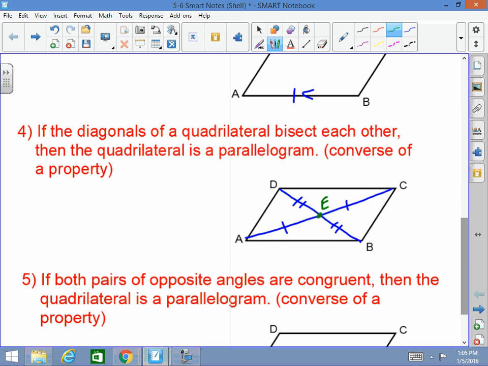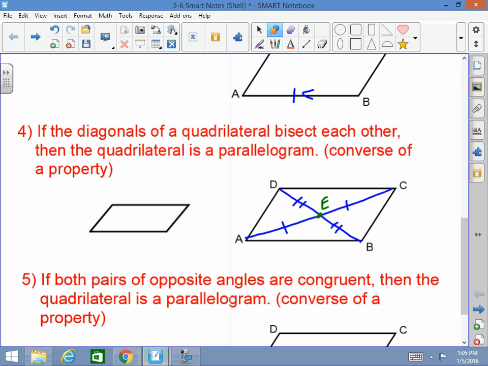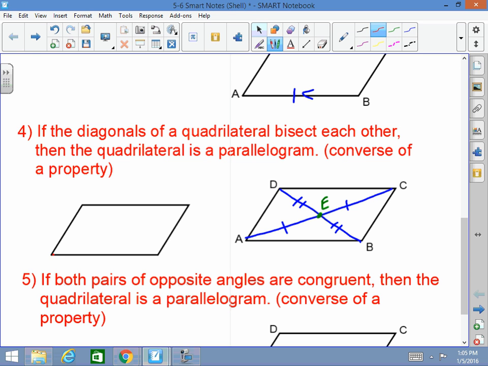But if I just gave you a quadrilateral, for example, let's just say I did this. I give you this quadrilateral, and then I just do that, and I have no other tick marks. All I can say is, okay, it's a quadrilateral.